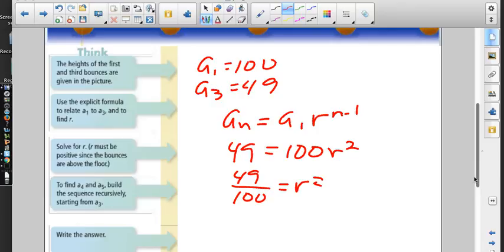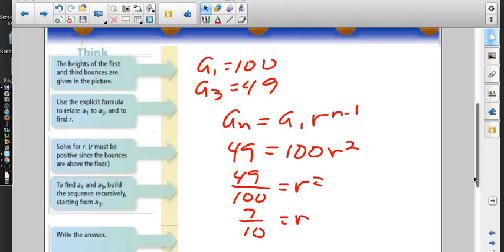Even if that was reducible, I don't think I'd want to. Because then you can have 7 over 10. Could it be -7/10? This is a word problem. It can't be. That's not logical.